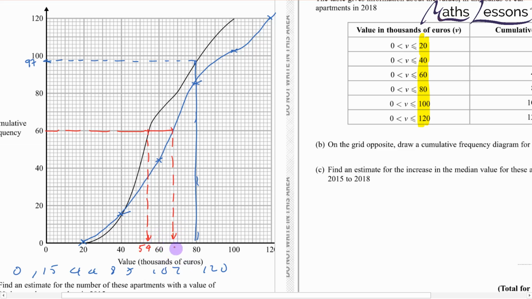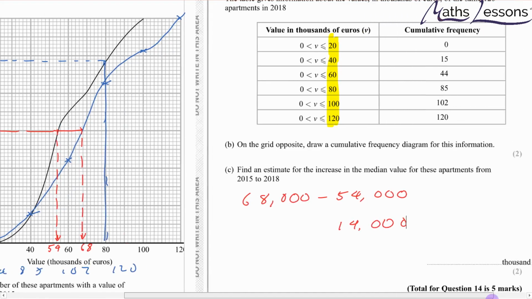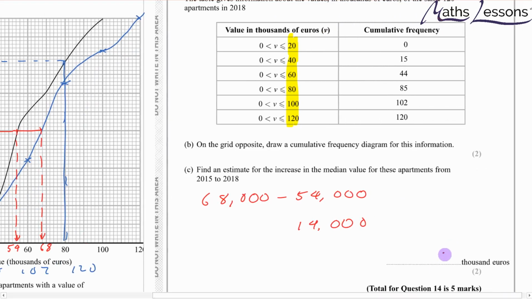And this one's about 68,000. So we've got 68,000 minus 54,000 for our median. So that's going to be an increase of 14,000. The answer is given in 1,000 euros, so we just write 14 as our answer.